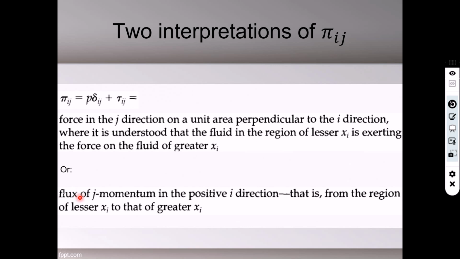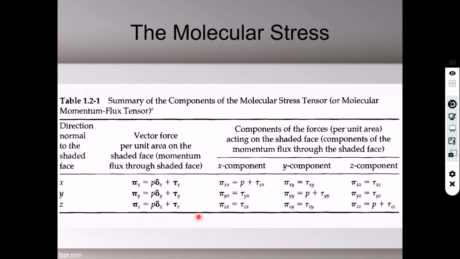And the second explanation is a flux of, let's say, momentum in a positive i direction. So the second one, they try to use momentum to describe this. And that is from the region of the less xi to that of the greater xi. Okay. All right, should be fine.